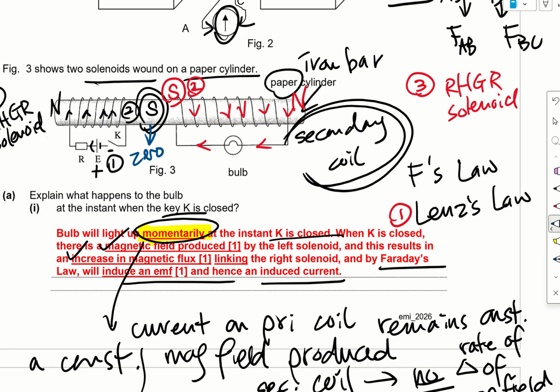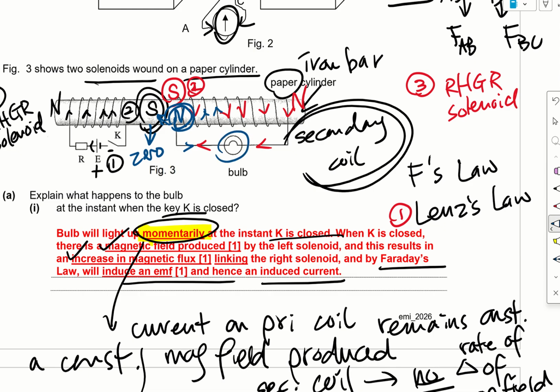So in order to oppose the flux going away, the right solenoid will now produce a north pole due to the induced current. The induced current will flow in such a way that it will produce a north pole to oppose this change of flux moving away. So then the current will switch direction.